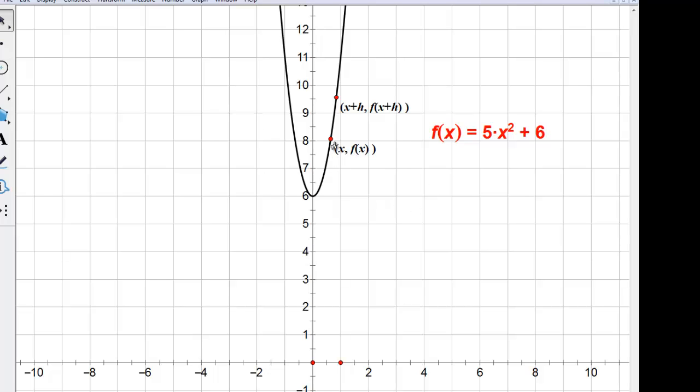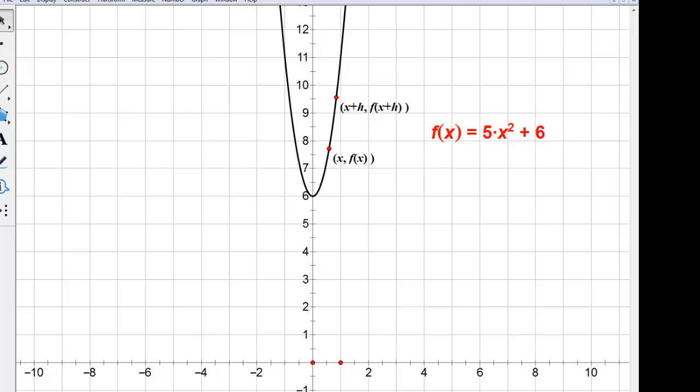X, f of x is just a generic point on the graph, so I can move it anywhere I want. X plus h and f of x plus h is also another point other than this one when h is not 0. So it's just a second point on the graph.